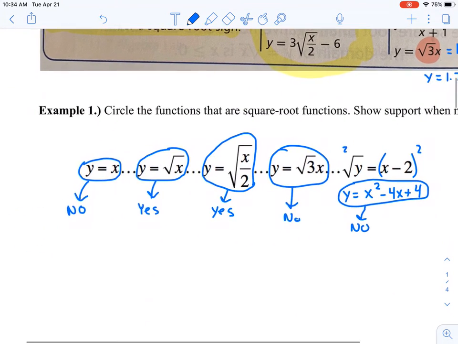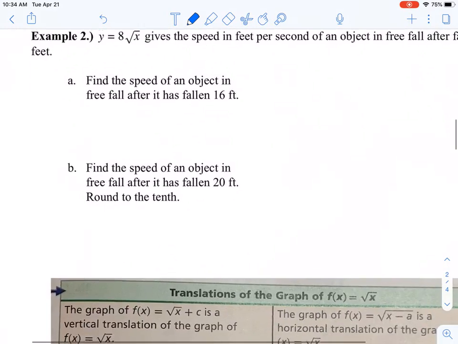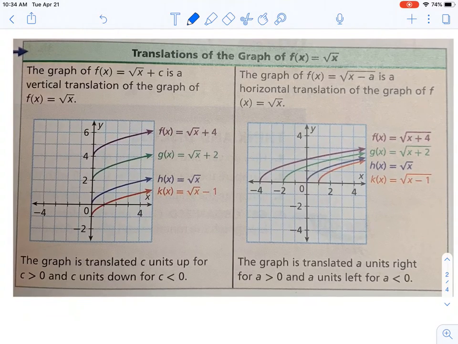Okay, so now that we've identified them, let's take a look at some of the translations that can occur in square root functions. You'll remember that I said a square root function is just a different type of nonlinear function. Well, the other very famous type of nonlinear functions that we spent a lot of time on this year were quadratics.